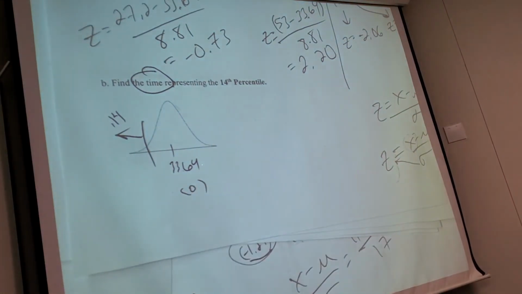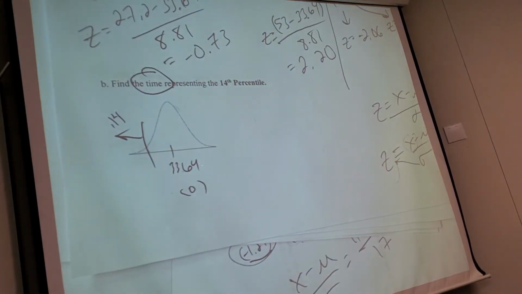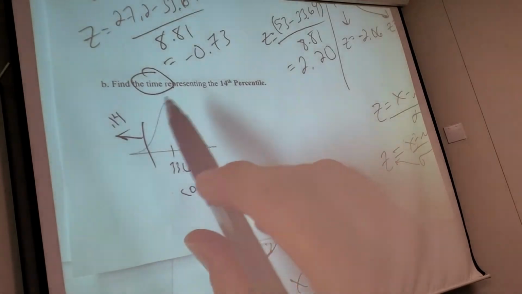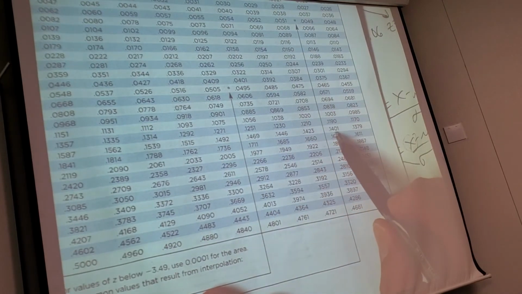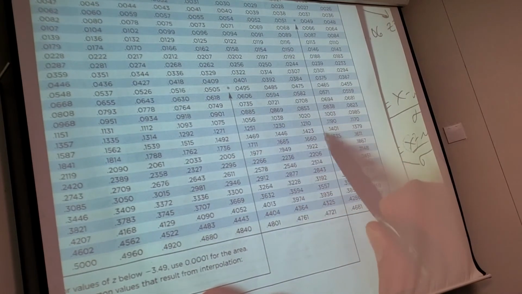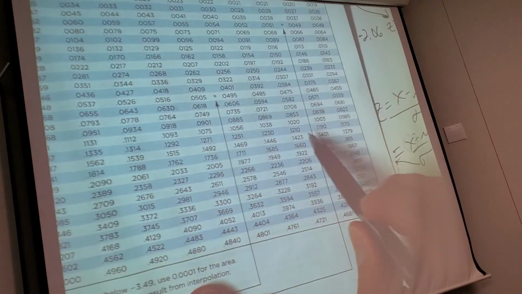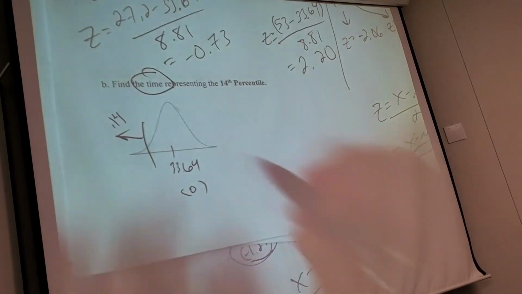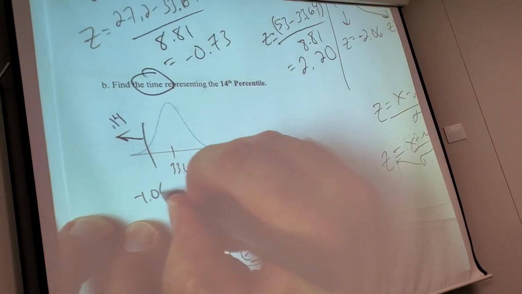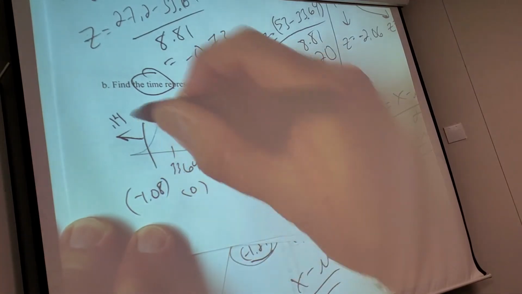I've got to convert it back to an x. So what's the z-score that has 0.14 below it? You should get one really close to it. See that one? Yeah, so negative 1.08. So I know the z-score, I want to make an x-score.